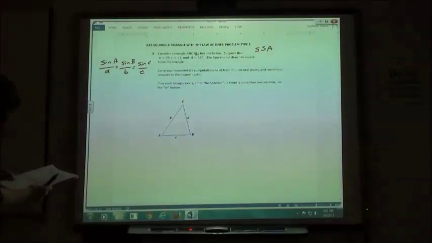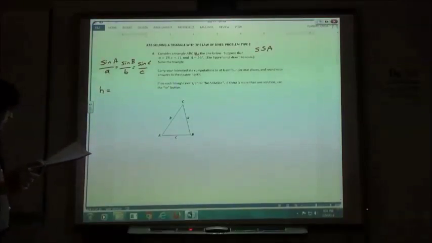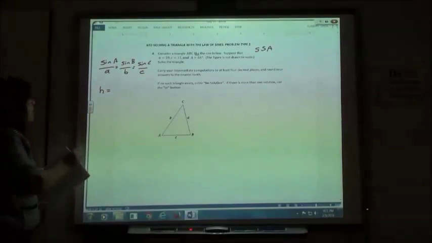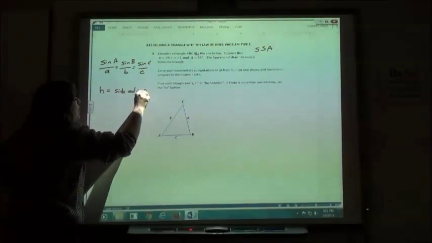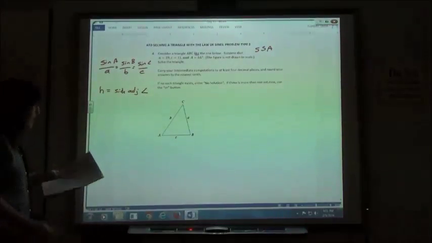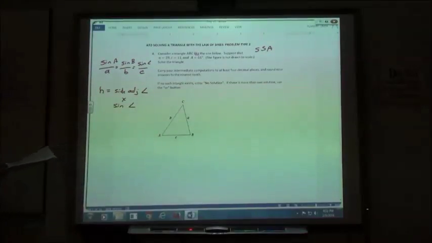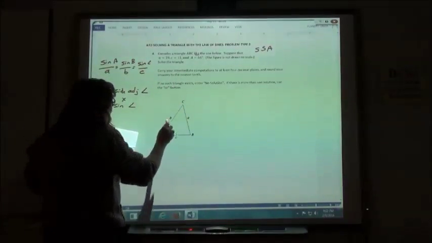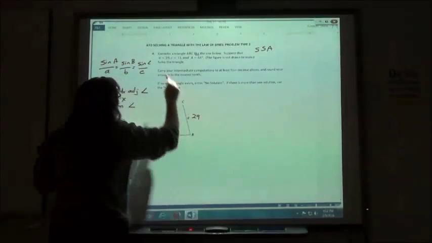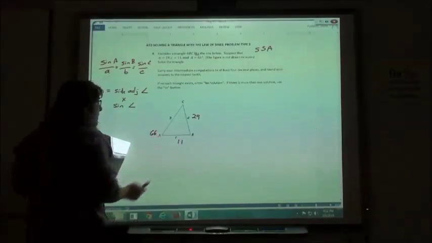So, first thing they're going to have you do is find what they call H. H is equal to the side adjacent to the angle, which is next to the angle, times the sine of your angle. So, in this case, I'm going to look at this triangle here and say, okay, I have side A is 29, side C is 11, and my angle that I have is 66.